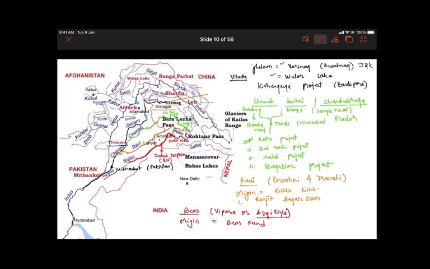If we talk about the projects on river Beas, Pandoh Dam is important, and the Shah Nahar barrage. This was the first dam to be built on river Beas, and now Satluj Beas link is also important. We'll see that in short while.